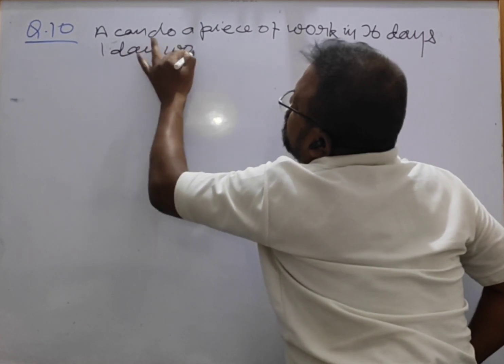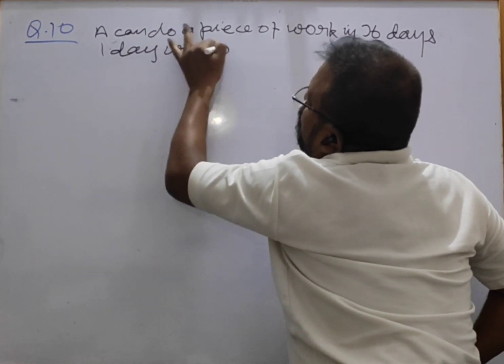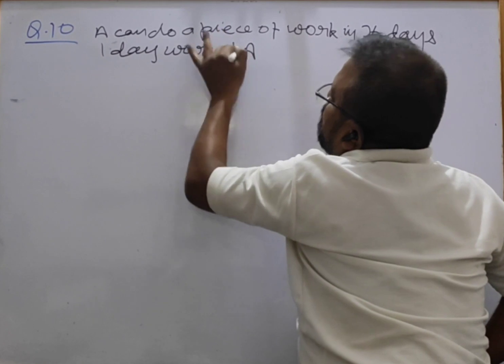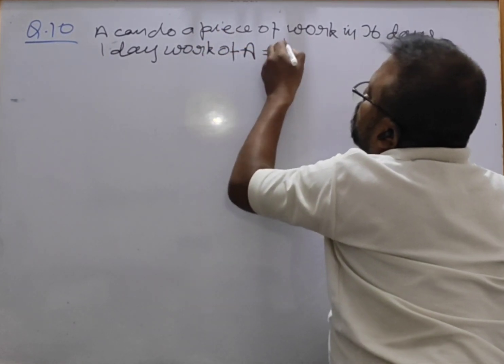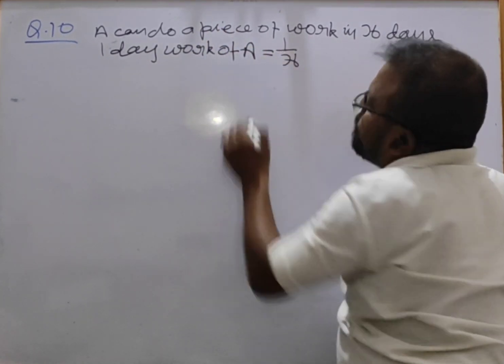So one day work of A is equal to 1 upon x.